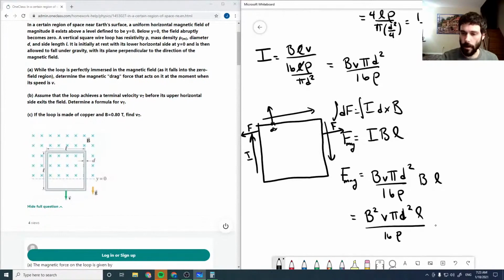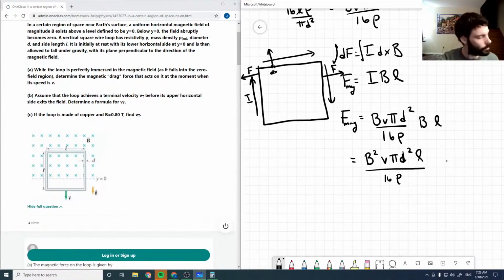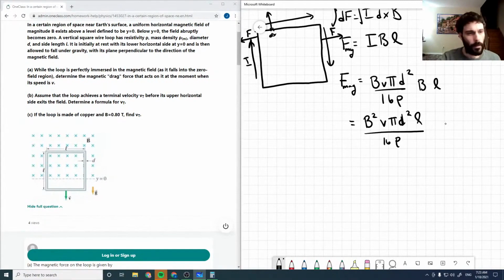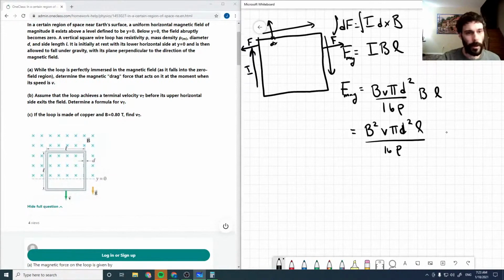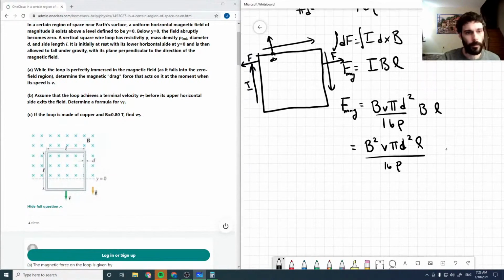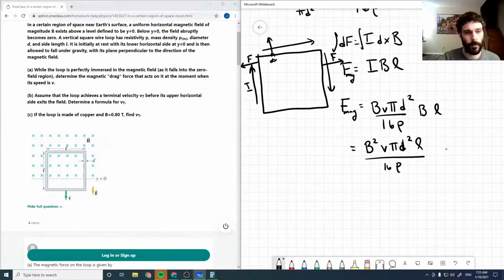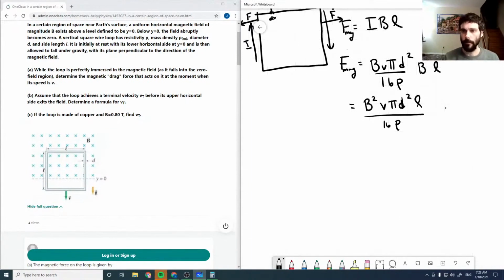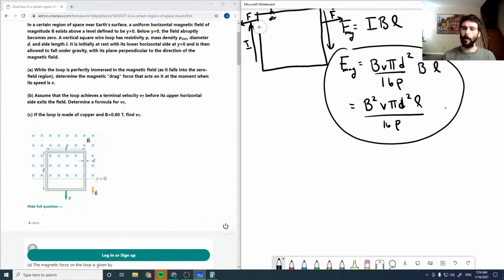And so that's our magnetic force. So that's our full answer to A.